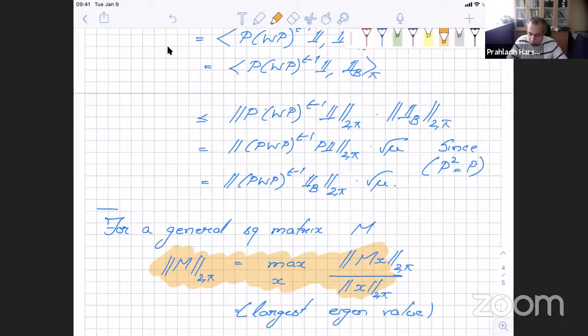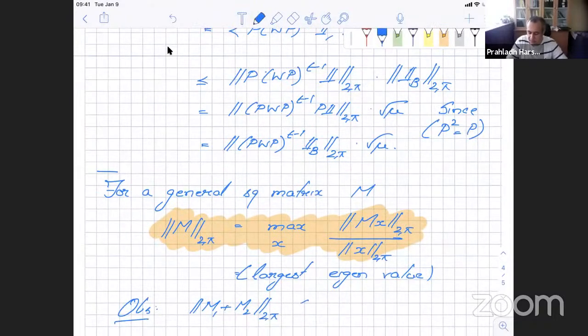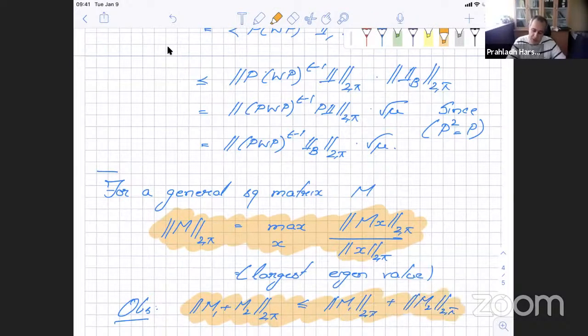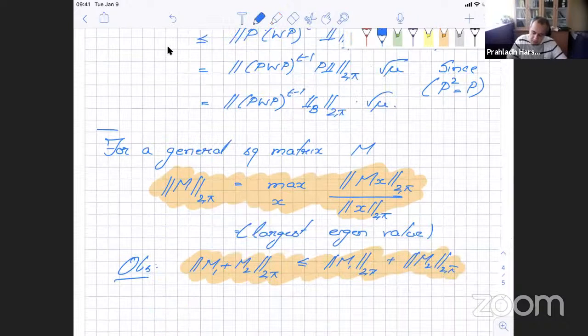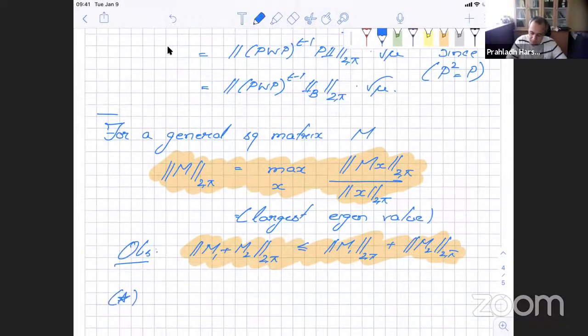An easy observation from this definition is that this is a norm: the norm of M1 plus M2 is less than or equal to the norm of M1 plus the norm of M2. This just follows from the definition. And we'll use this. Returning to star, we saw that star is less than or equal to the norm of PWP to the t minus 1 P1 times square root mu.